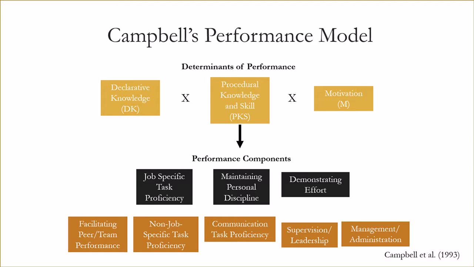So these next components are things that are not found in all jobs. This includes things such as facilitating peer and team performance, non-specific task proficiency, communication, supervision and leadership, which is the proficiency at influencing the performance of others, and management, administration, organizing people and resources, and helping to solve problems.